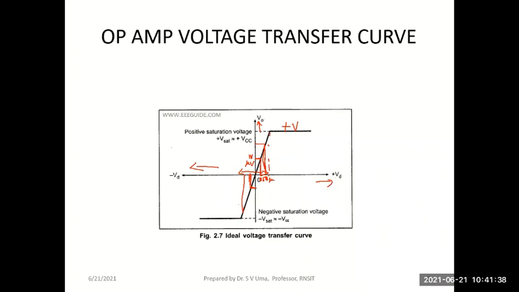For very small input differential voltage, the output voltage will be large. For 0.5 microvolts, the output voltage can be 5 volts. For 1 microvolt, the output voltage can be 10 volts.